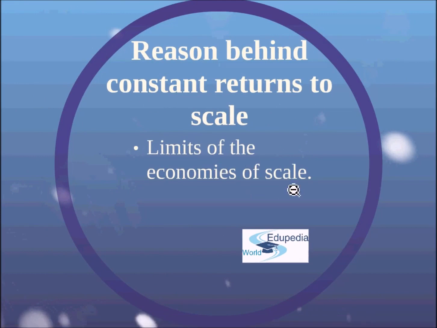See, if we increase the production beyond a certain limit, up till a certain point we get advantages of the increase in scale of production, but beyond a certain point we start incurring disadvantages related to increase in the scale of production. So at that particular point where diseconomies of increase in scale of production are about to start, there we get constant returns to scale. That is, our output increases in the same ratio as we increase the input related to the production.